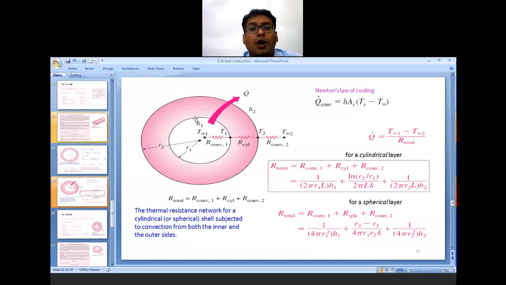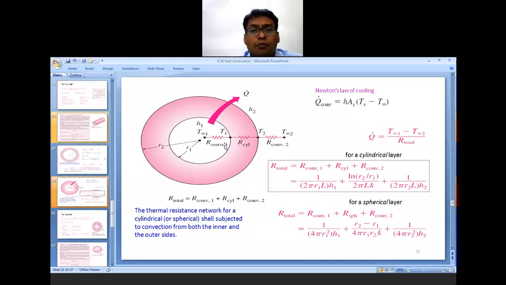When we are taking into account the inner surface, we have to consider R1 as the radius for calculating the surface area. And when we are calculating the resistance because of the outer convection, we are going to take R2 as the radius for calculation of the surface area.